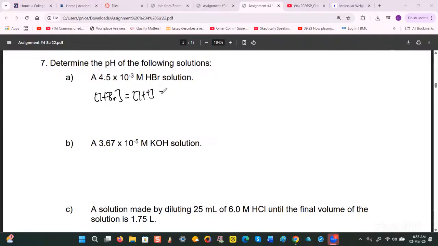And we are given that the concentration of HBr is 4.5 times 10 to the minus 3 M. So the pH is equal to minus log of 4.5 times 10 to the minus 3. The answer I got when I did that is 2.35. And that's it.